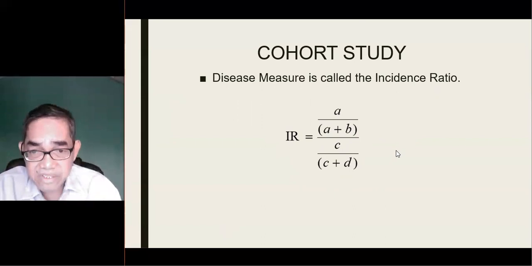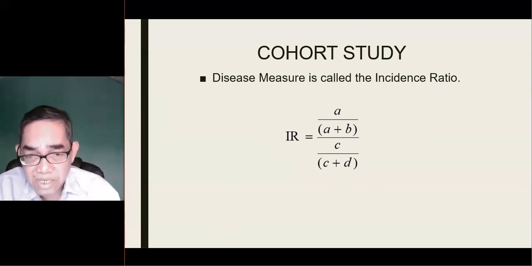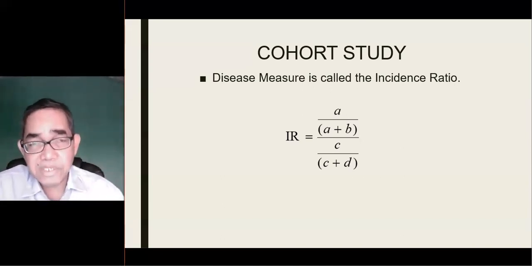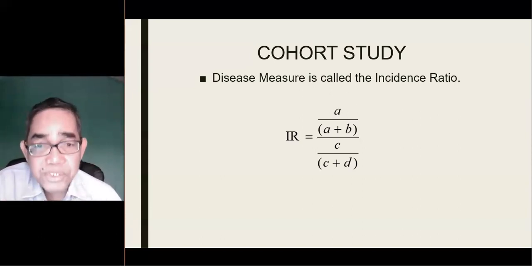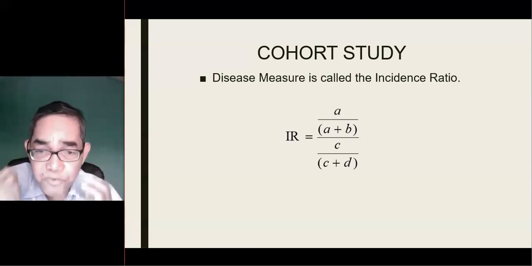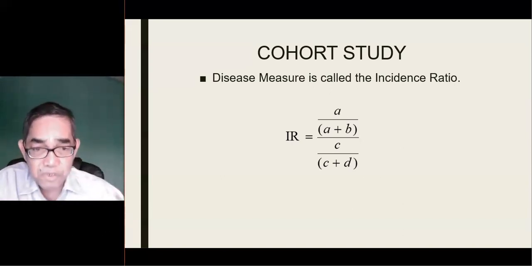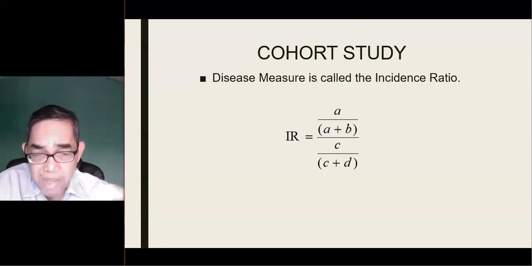And here, in a cohort study, we can talk of risk of the disease. We can talk of risk of the disease, because, sorry I wasn't able to emphasize this a while ago, it is actually in a cohort study that we can talk of risks. We can talk of risks, because if you will note the diagram, we begin with people who don't have the disease, but they are grouped into two.